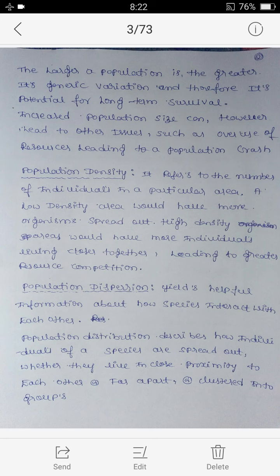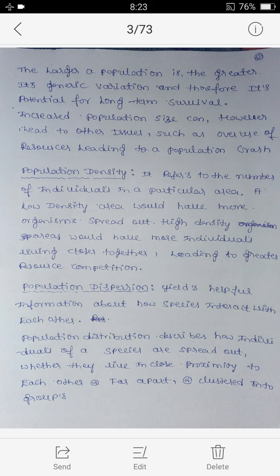Next one is population dispersion. It gives helpful information about how species interact with each other.